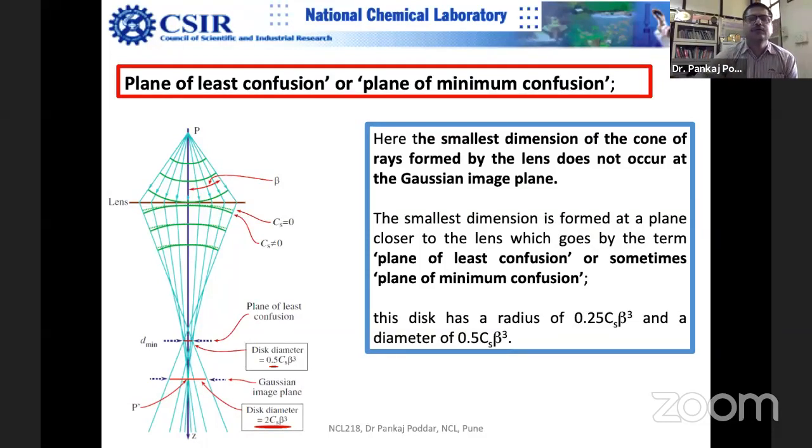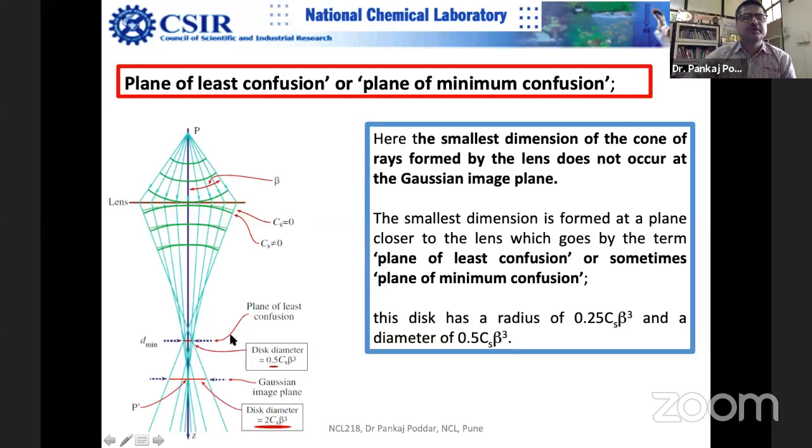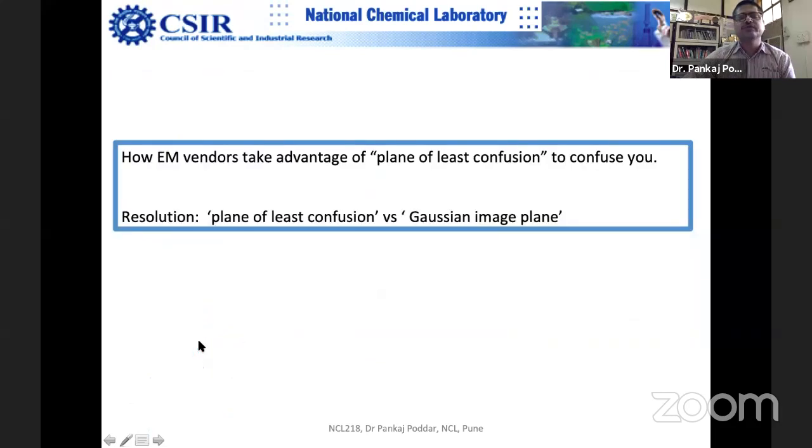Next point: how electron microscopy vendors take advantage of the plane of least confusion to confuse you. It's a very humorous line. They quote the plane of least confusion to increase your confusion. They will quote that this is what d minimum is, and you get confused. Now you will not get confused.